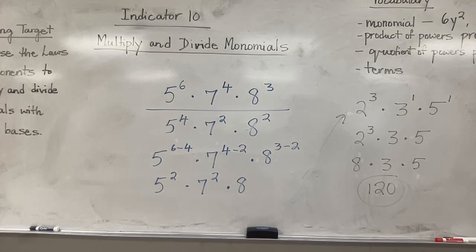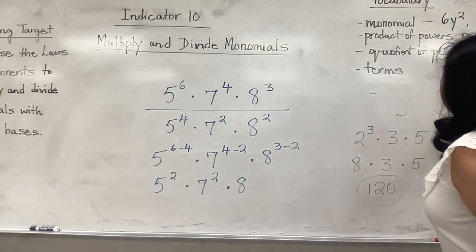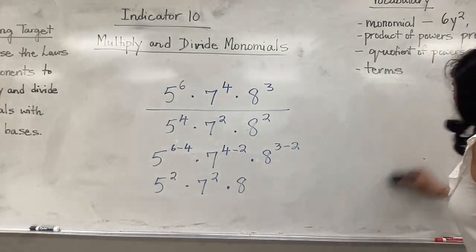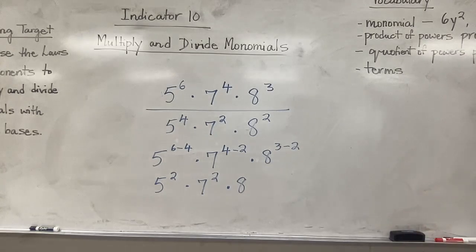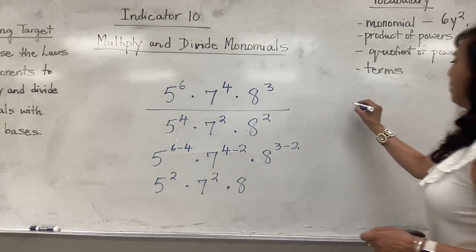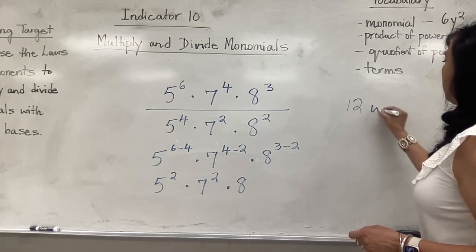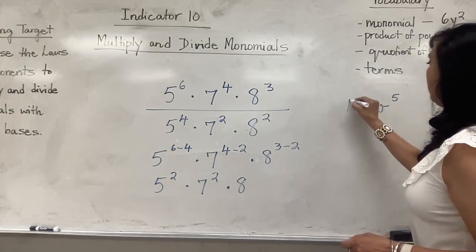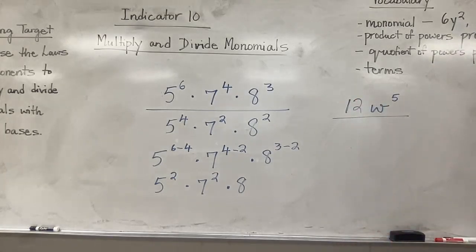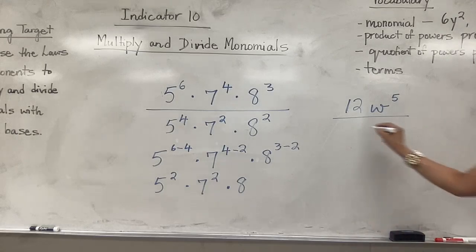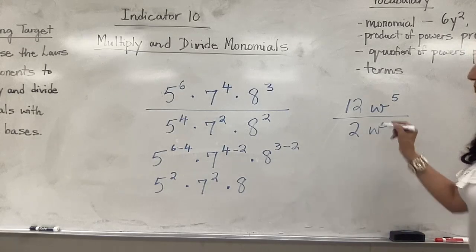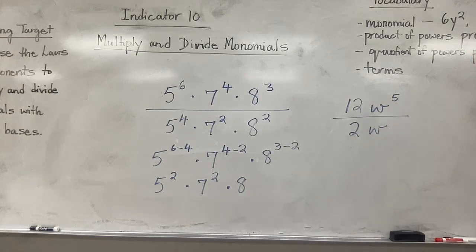Now, another one, dividing monomials. Let's say we have 12w to the fifth power divided by 2w. Okay. So in order to begin solving the problem, we are going to look at a couple of things.